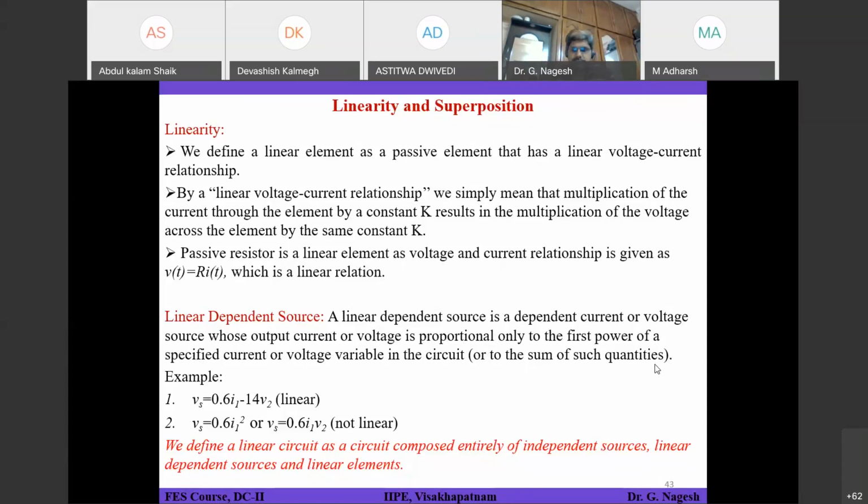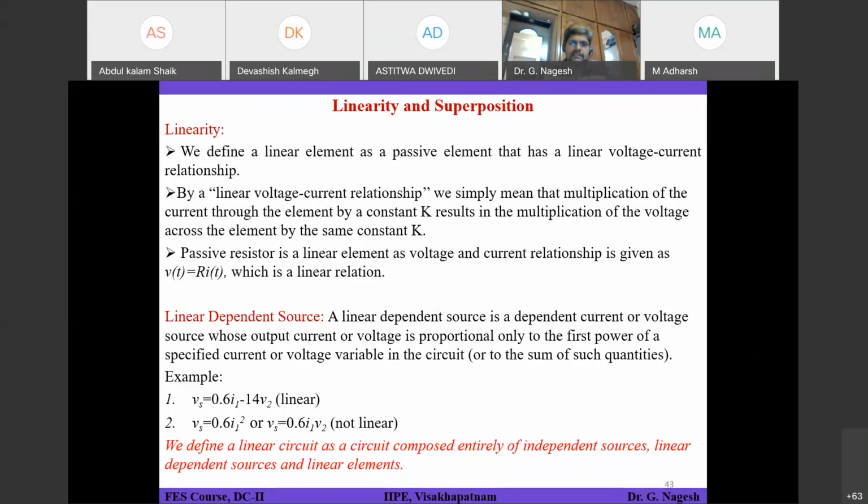So what it means is, we have already discussed dependent sources. Whether it's a dependent current source or a dependent voltage source, it depends on some other variable. It could be a current or a voltage in some other part of the same circuit. That we call a dependent source.